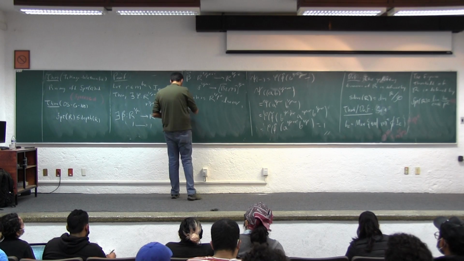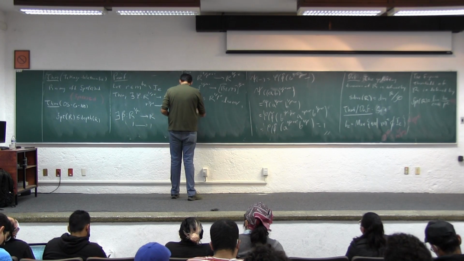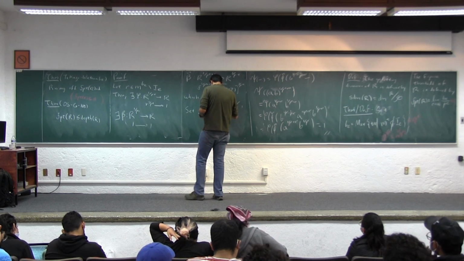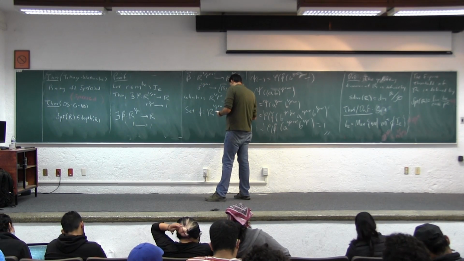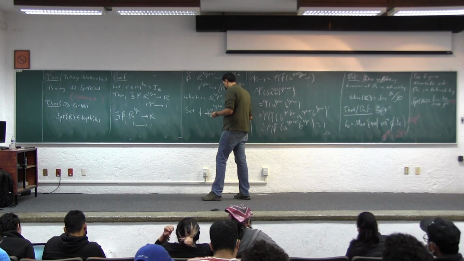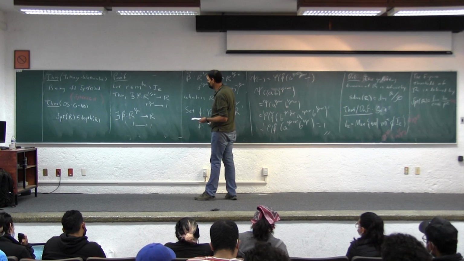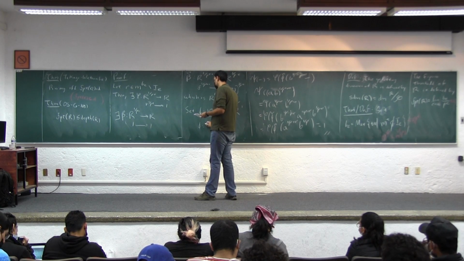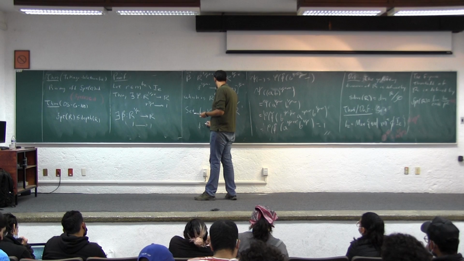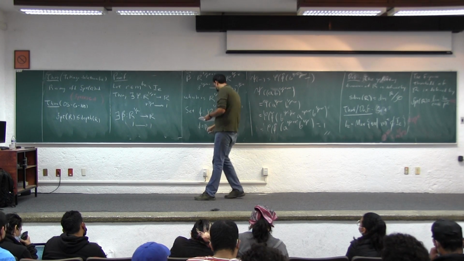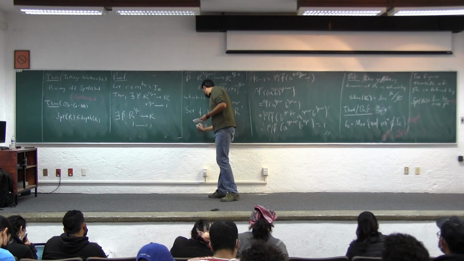Okay, so now we set phi from R1 over P to the E plus 1 to R, which is going to be given by phi is equal to beta composed with bar phi composed with beta, no?